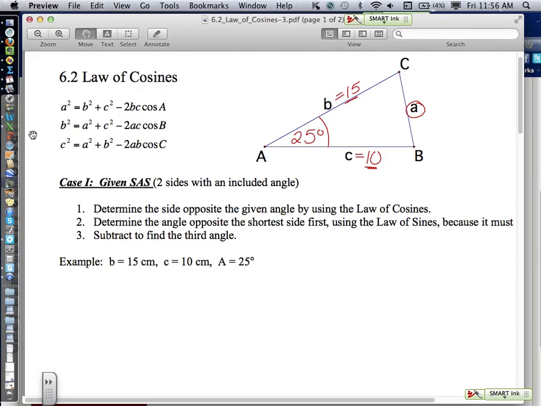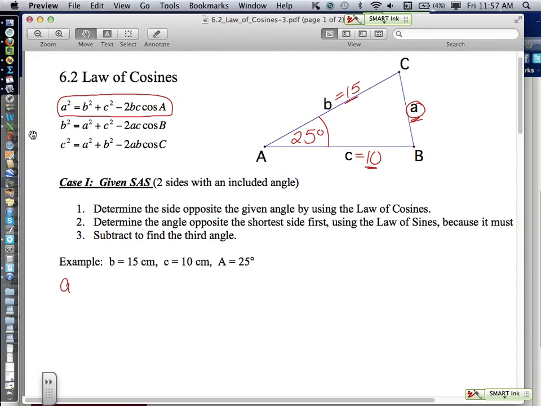So we're going to use the law of cosines to find this opposite side right here, because that's the only way we can substitute into one of these forms of the law of cosines and have just one variable. So we're going to use this version right here.